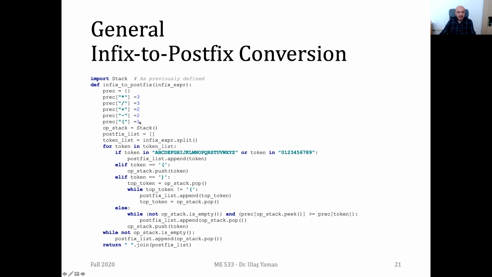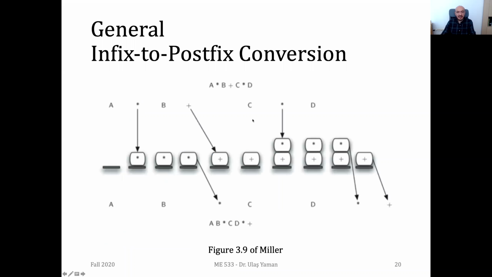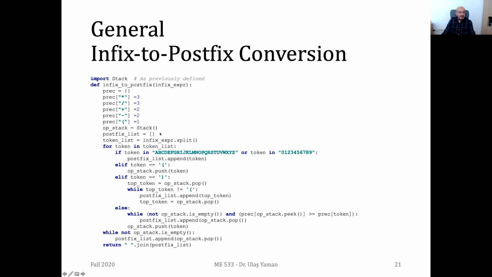So now what we do is create an empty stack data structure. As we discussed in the previous slide, we need a stack data structure for the storage of operators, and we need an output list for the result, the postfix notation. We create a stack data structure and create an empty output list.